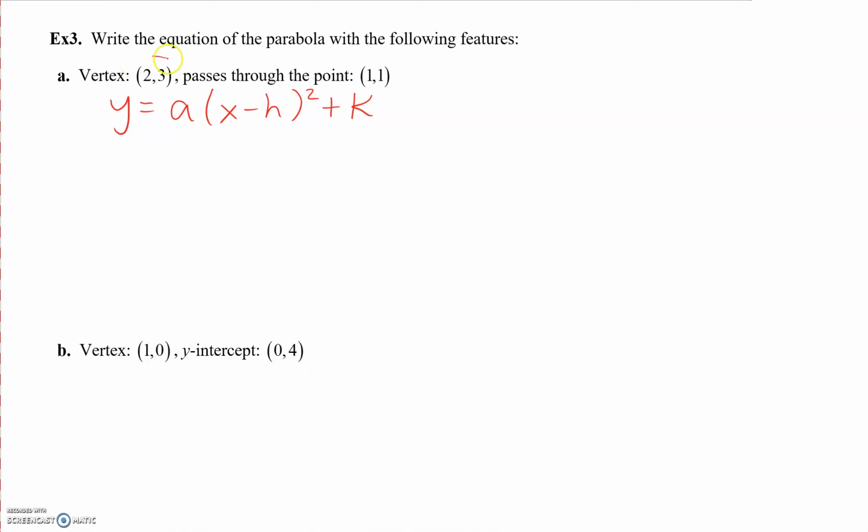Because I was given the vertex, the first thing I'm going to do is plug the vertex in for h and for k. I was not told anything about the dilation, so for now, I'm just going to leave my dilation as a.